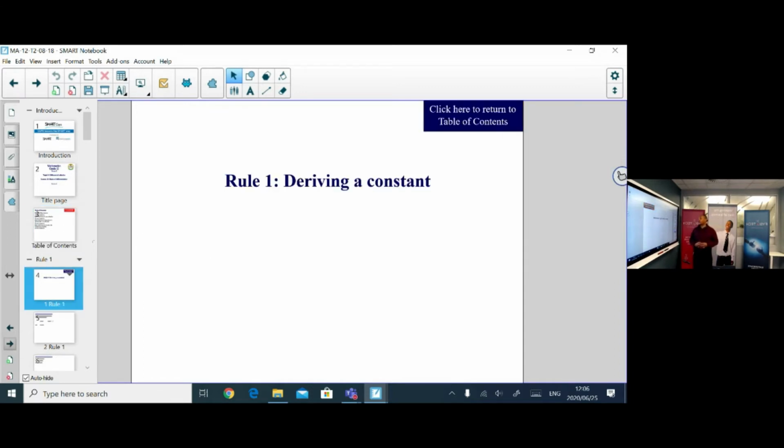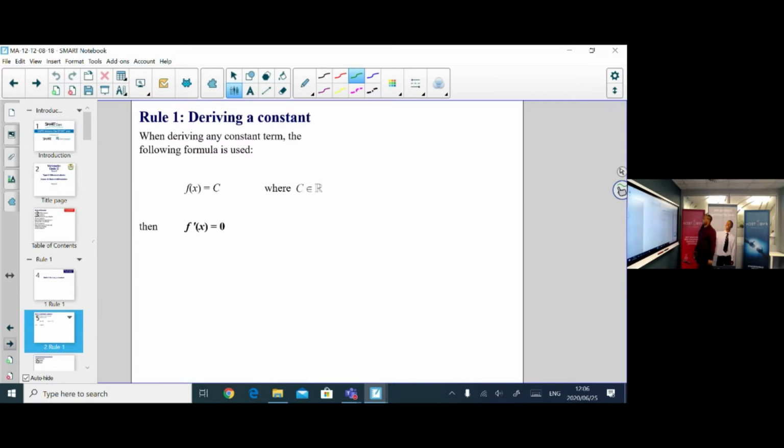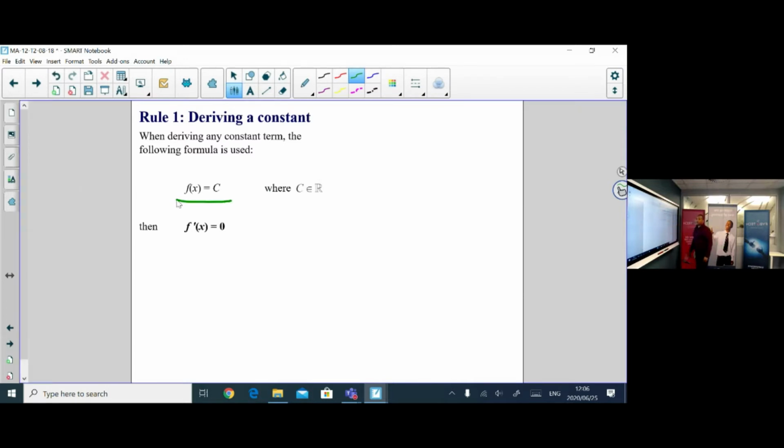Now, to get started, we are going to look at what I call rule 1, which is deriving a constant. When you are deriving a constant, you have a function such as f of x equals c, and you want to differentiate. Differentiation is always with respect to x.